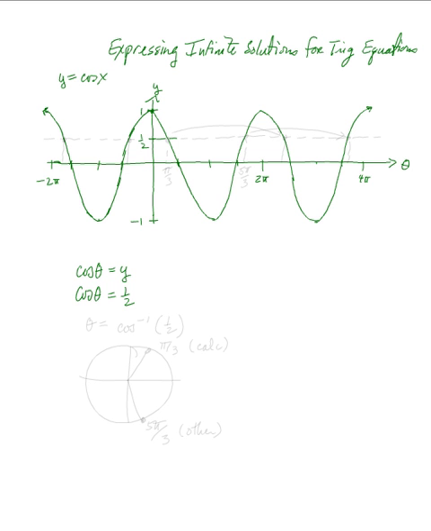If you look at the intersection of the cosine graph with the line y equals a half, you can see there's going to be an awful lot of solutions. There's going to be one here, one here, this angle when you drop down, one here. You can go on and on and on. This is what gives rise to your infinite solutions.